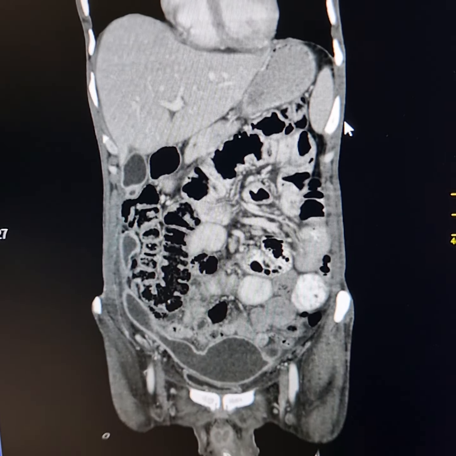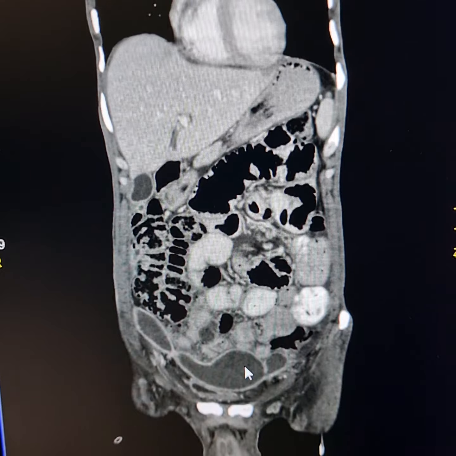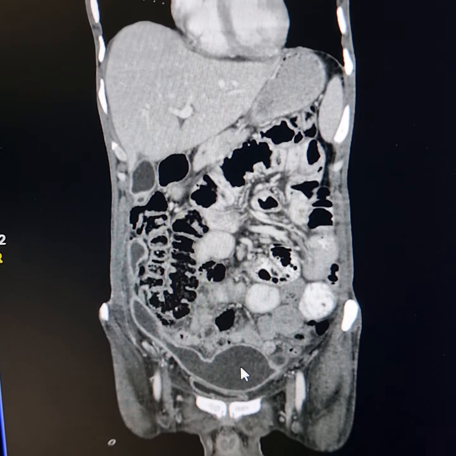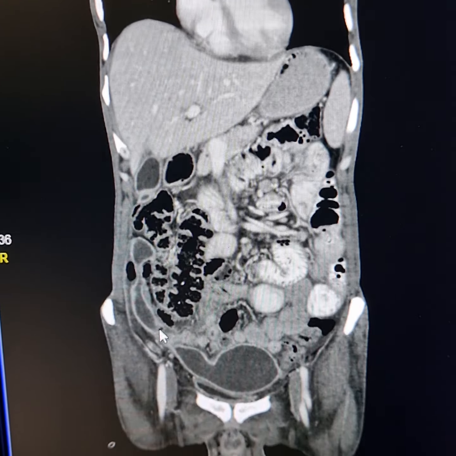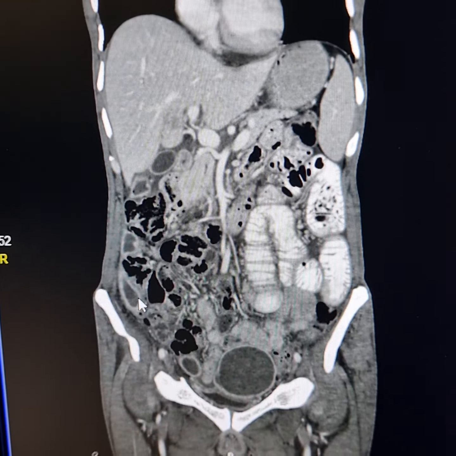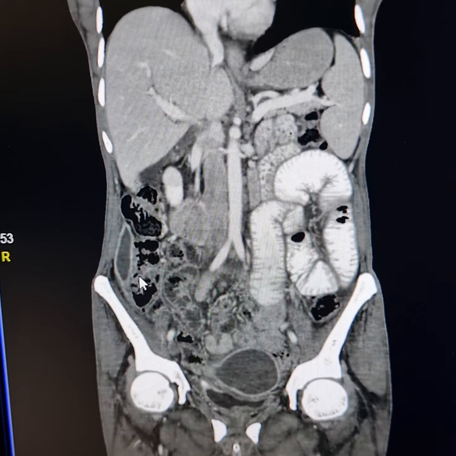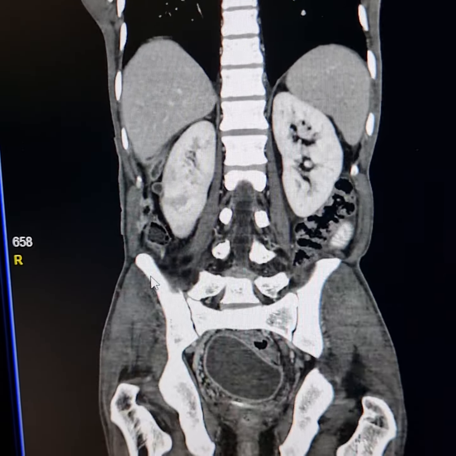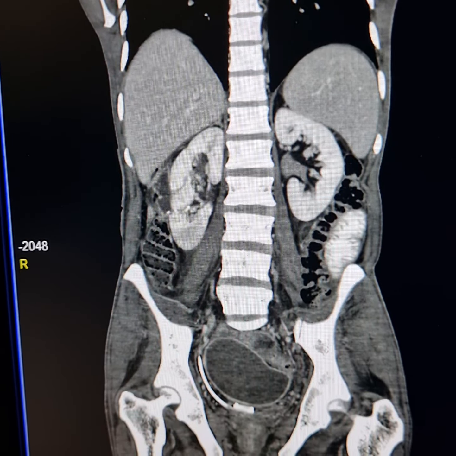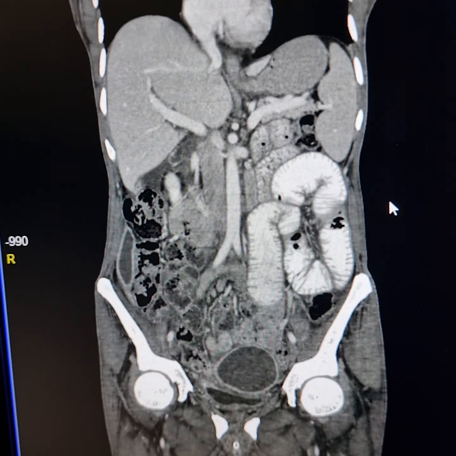This is the coronal scan. Please observe this pelvic component of the abscess communicating with the abscess along the right lateral abdominal wall. There is subacute small intestinal obstruction due to adherence.